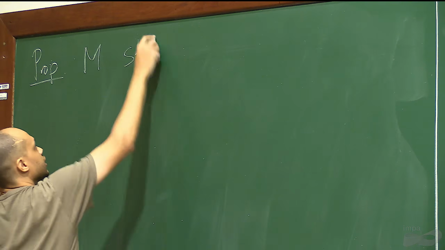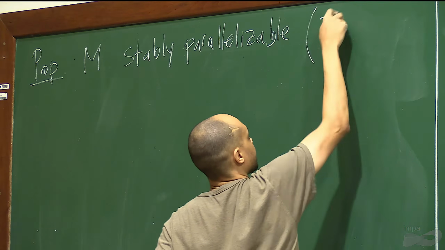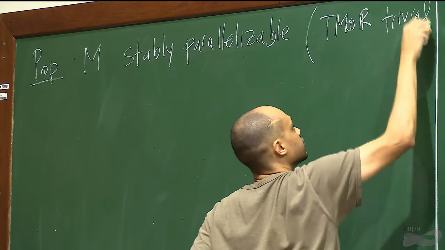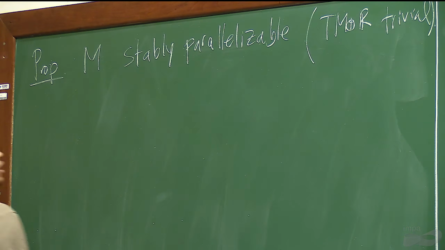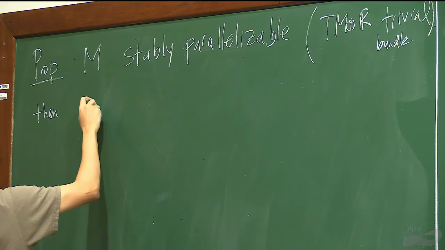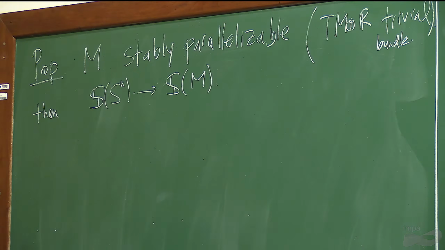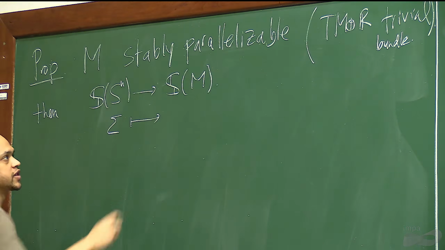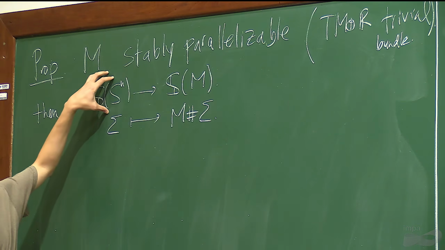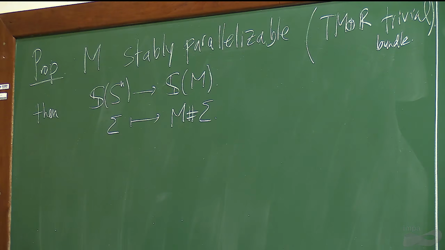If M is stably parallelizable, which is just to say that if you take the tangent bundle and add a trivial bundle, then this bundle is trivial, then there's a map, in fact a homomorphism, from smoothings on S^n up to concordance to smoothings on your manifold, which sends a homotopy n-sphere to the connect sum of M with that homotopy n-sphere.